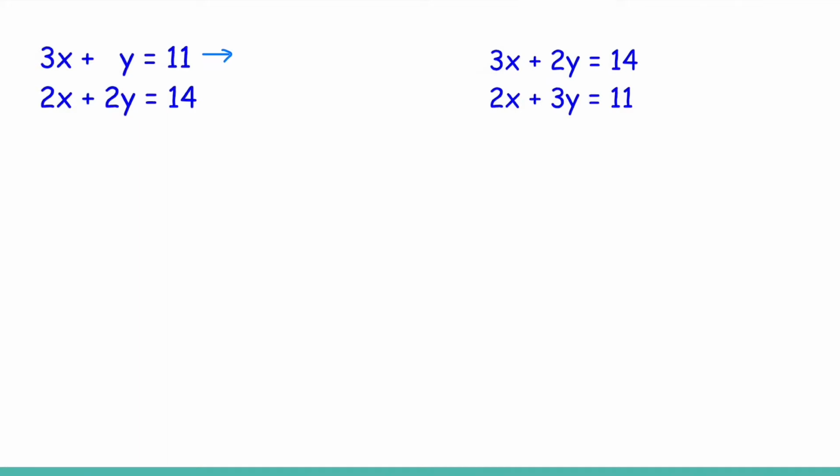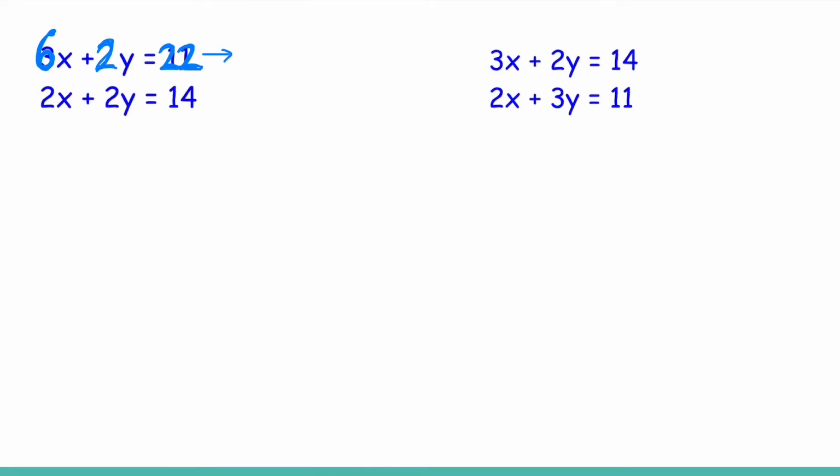And if I do that, I would end up with a 6x here, and I would end up with 2y, and I would end up with 22 at the end. And now that I've got that, the variables are the same, so now I can subtract them.